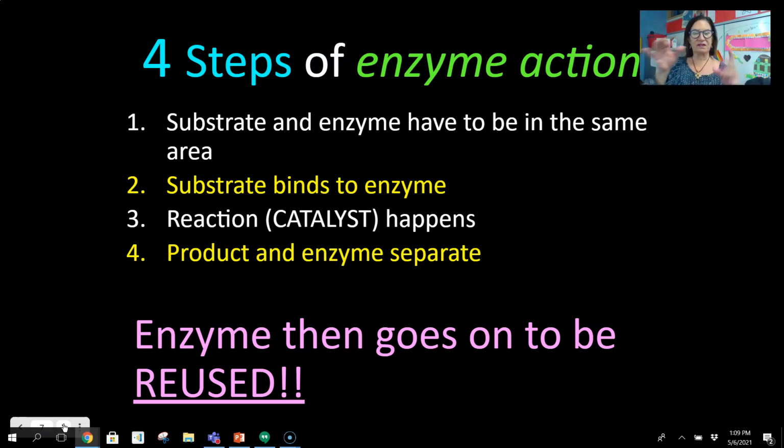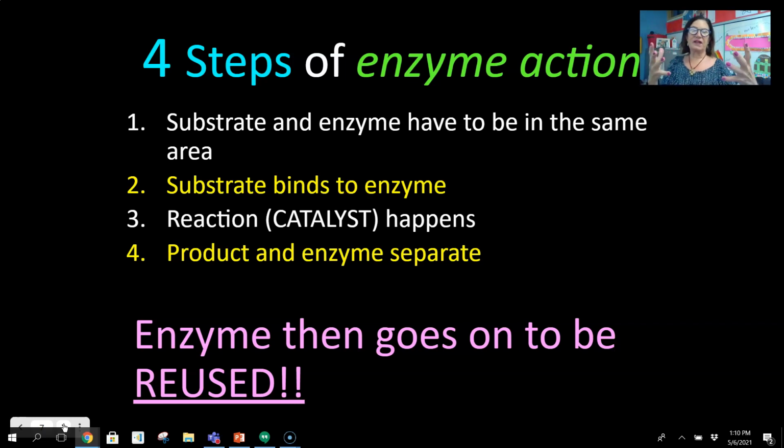Then that substrate has to bind to that enzyme. Once it does that, the reaction, or the catalyst means reaction, happens. And then the product and enzyme separate. So they go their separate ways.